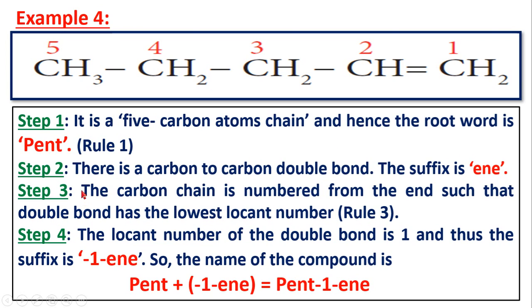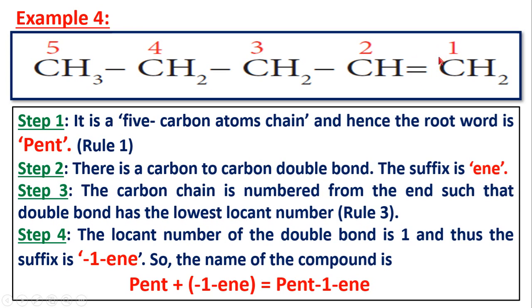Now write it systematically, step by step. Step 1. It is a 5 carbon atom chain, and hence the root word is pent. Step 2. There is a carbon to carbon double bond, so the suffix used is ene. Step 3. The carbon chain is numbered from the end such that the double bond has the lowest locant number.